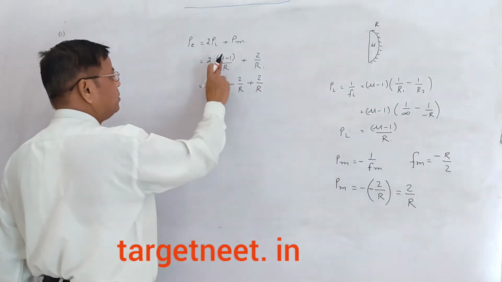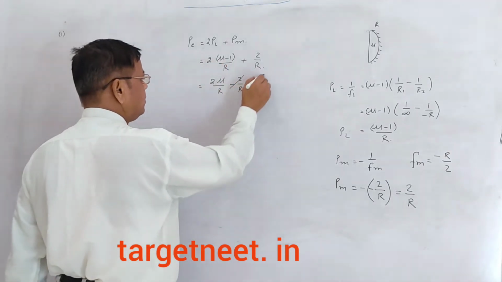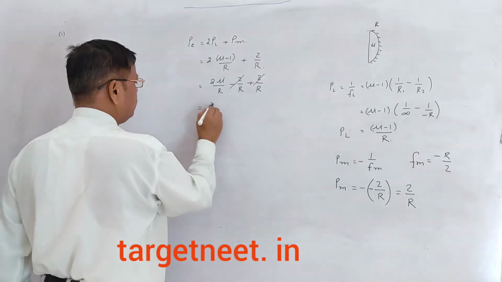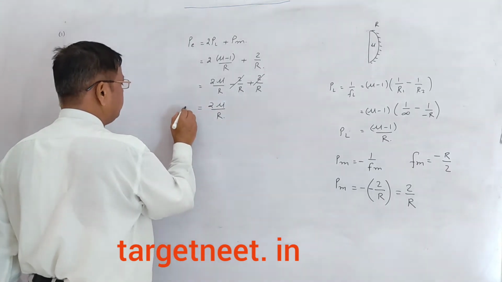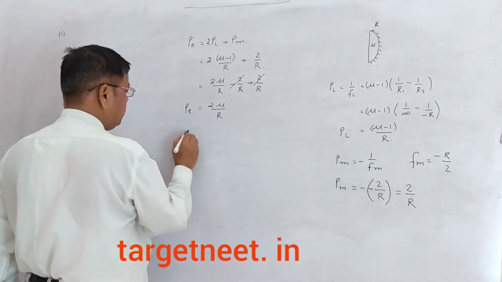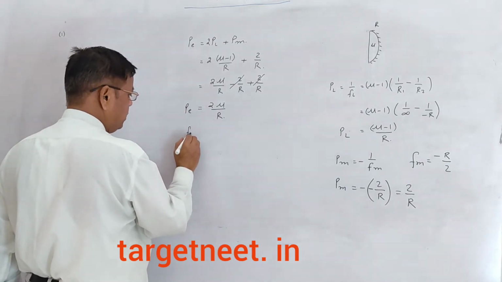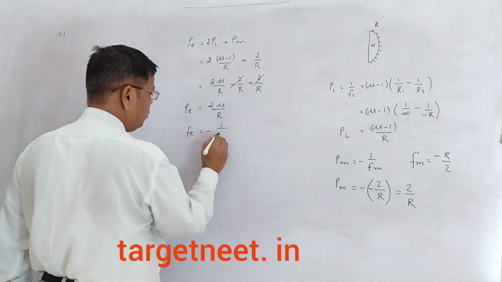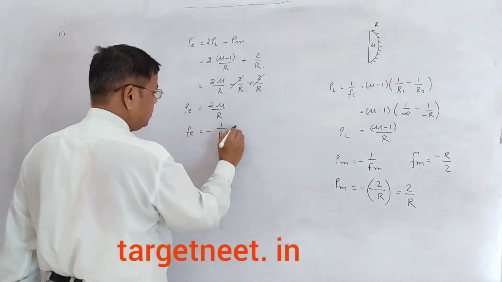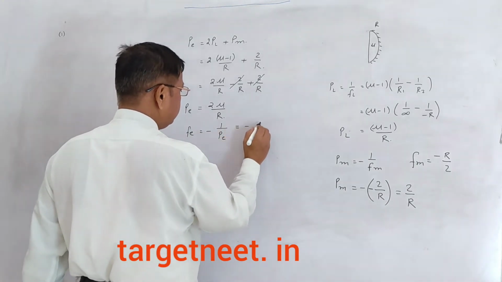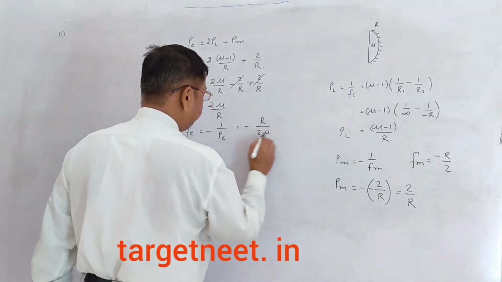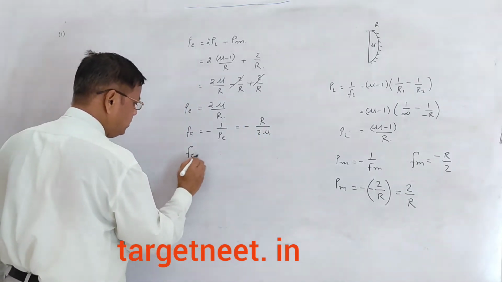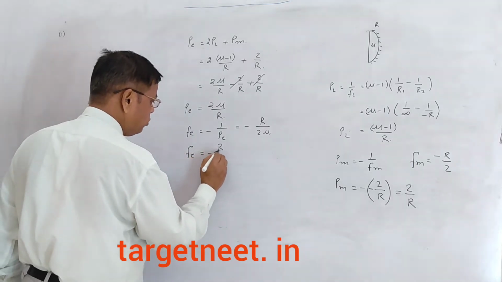I open this bracket, so this gets cancelled, so it is 2 mu by r. Effective power. Now effective focal length is minus 1 upon effective power, so it is minus r upon 2 mu. So effective focal length is minus r upon 2 mu.